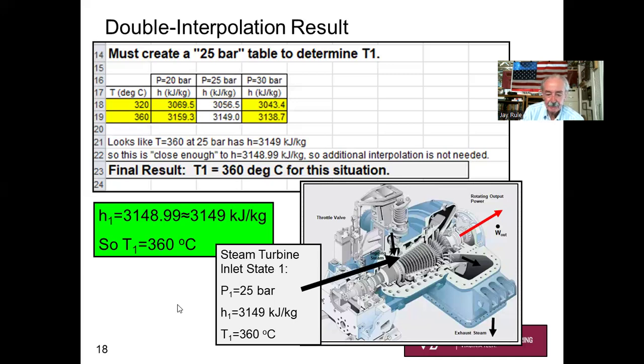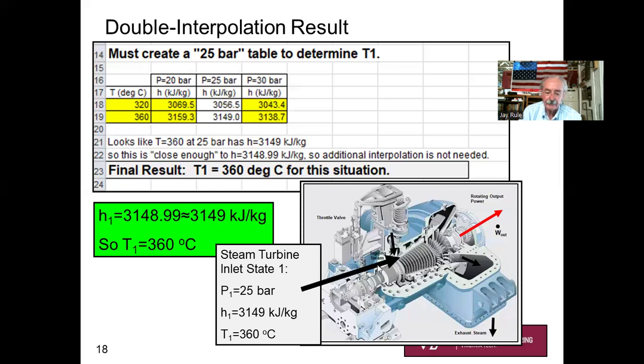And just to summarize, because a lot of times you get involved in these computations, it's hard to remember what you were trying to do in the first place. You had a steam turbine. You were given the output power. You were given the kinetic energy changes. You were given the outlet pressure, and you found the outlet enthalpy using the first law.